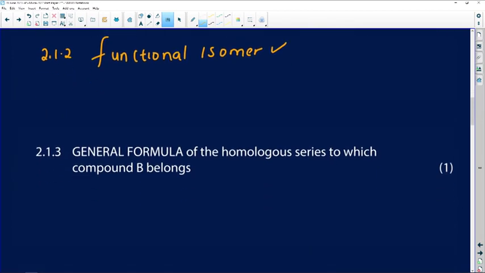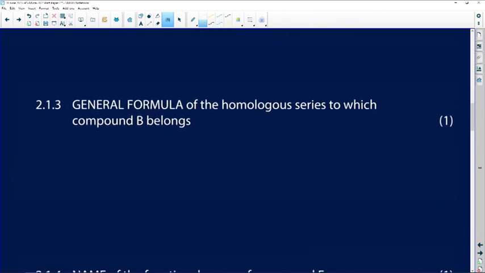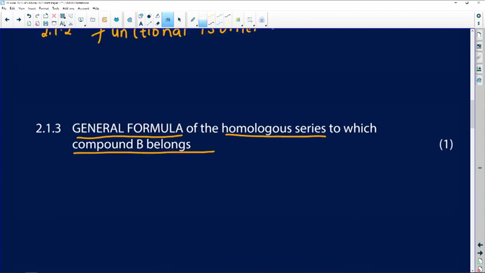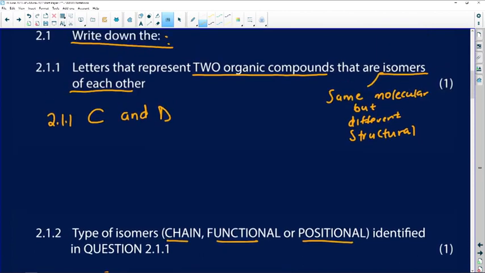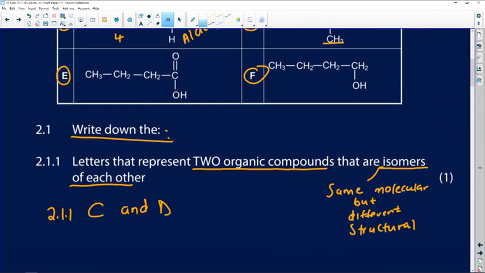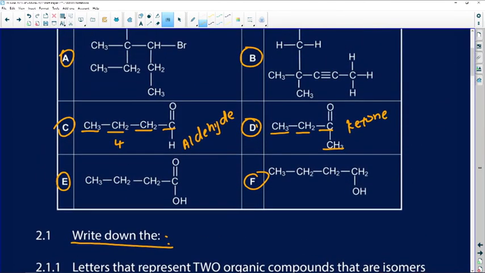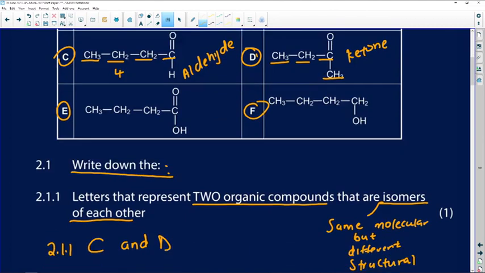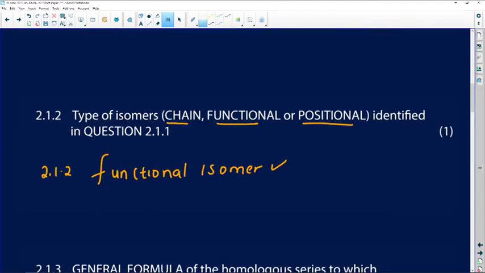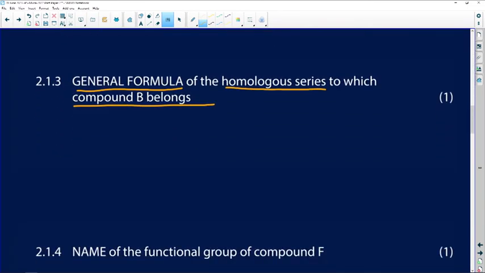And therefore 2.1.3, we are tasked to write down the general formula of the homologous series to which compound B belongs. Let us check which one is compound B. Compound B has triple bonds, so it is an alkyne. If it is an alkyne, what is the general formula?